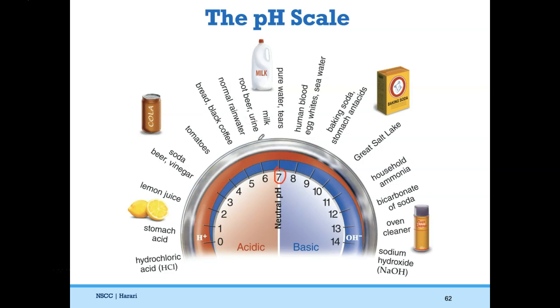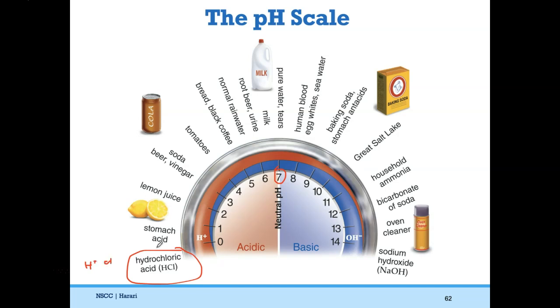As we go toward more acid, we're seeing more and more of this H plus. So on the very strong acid scale, we have HCl. HCl is a very strong acid because it fully dissociates in water. HCl is a strong acid that almost completely dissociates into H plus and Cl minus.